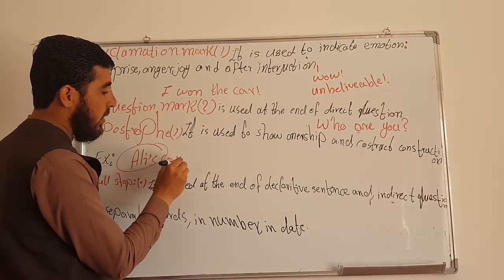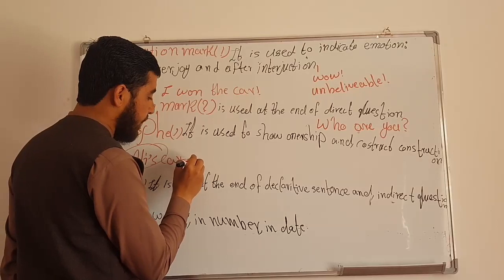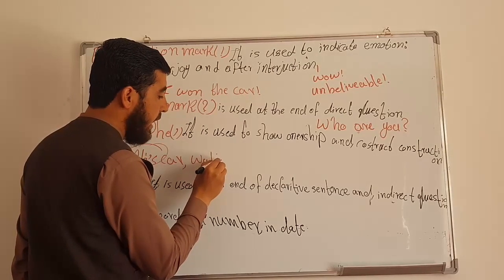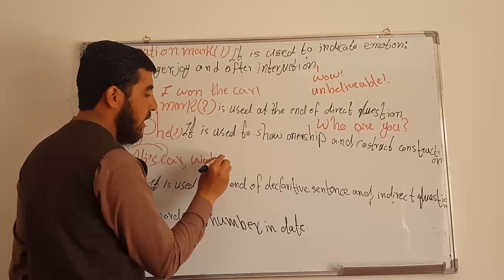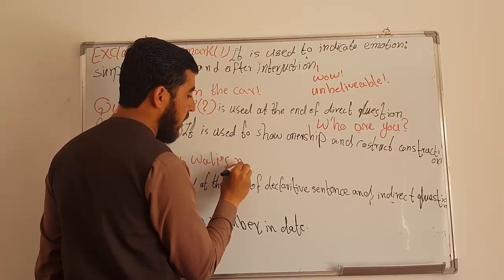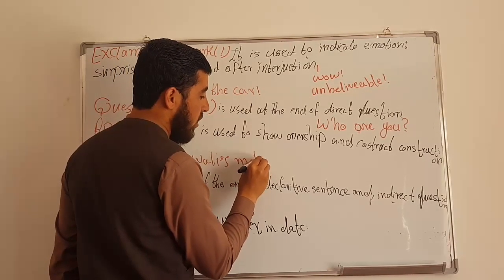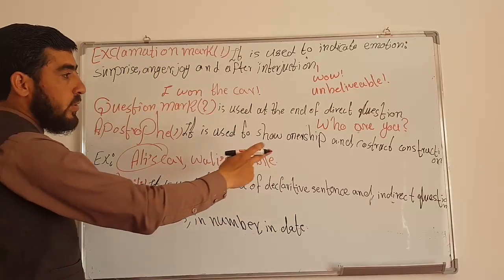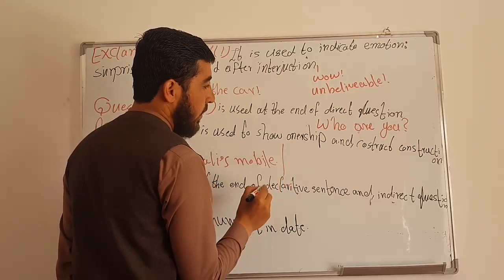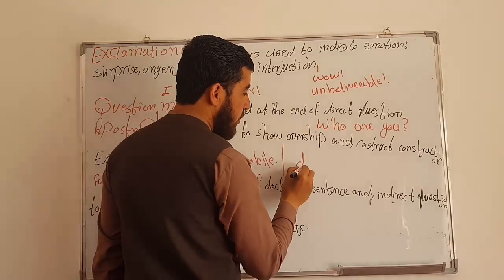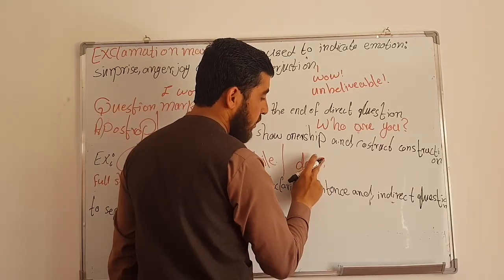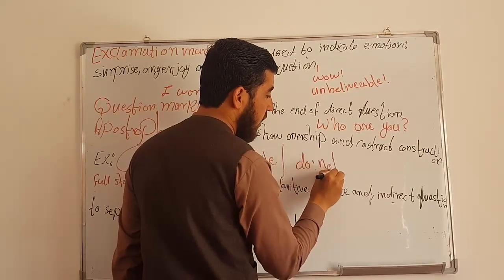Ali's car. Another example, Wali, we add apostrophe s: Wali's mobile, right? And to construct a contraction, for example, do not.